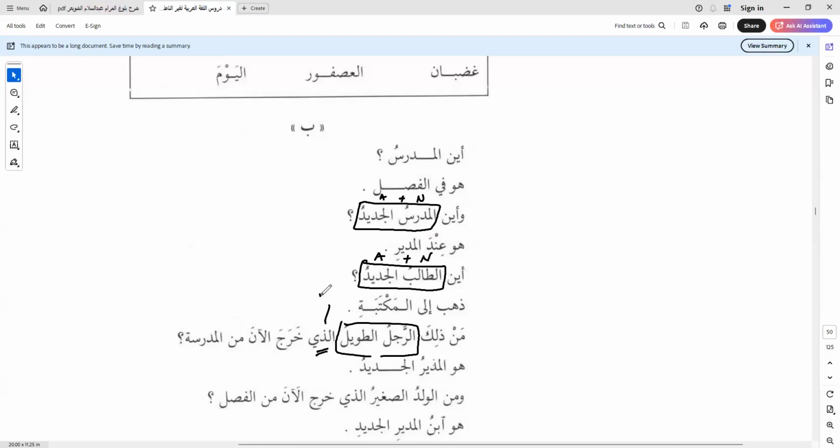الذي, who. And this is what we call اسم الإشارة in Arabic, or relative pronoun. Relative pronoun.